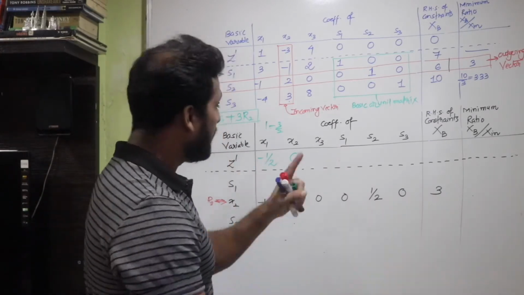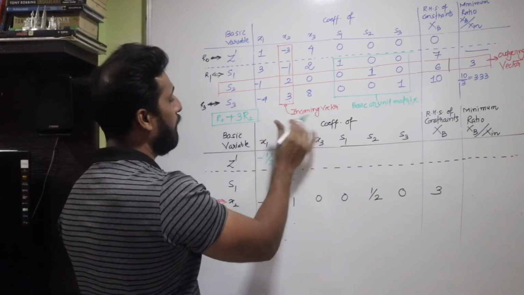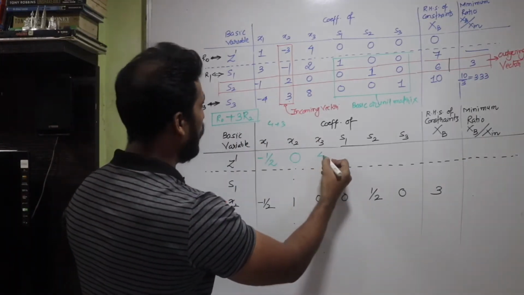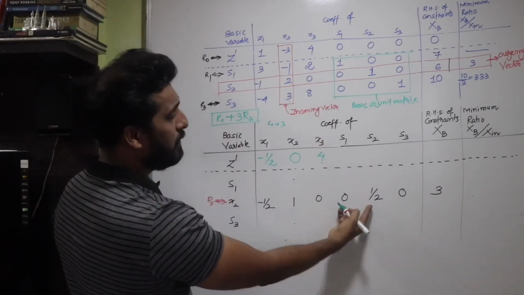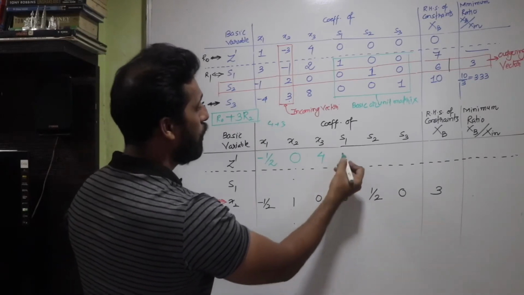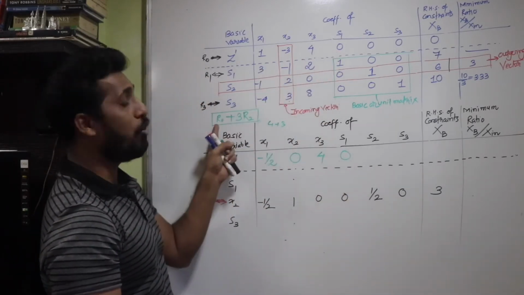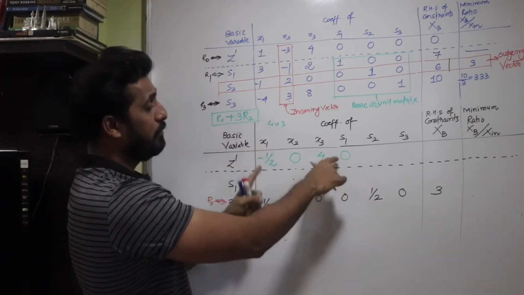Fine. So let's get all the other values also. We have 4 here. R0 is 4, so let's write 4. Then plus 3 into R2 is 0 here, so I'm going to get 4. Then R0 is 0, plus 3 into 0, so again I get 0 here. For S1 it was 0, so R0 was 0, 3 into 0 gives me 0.